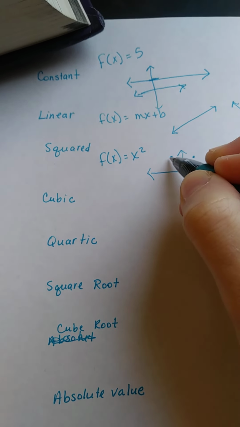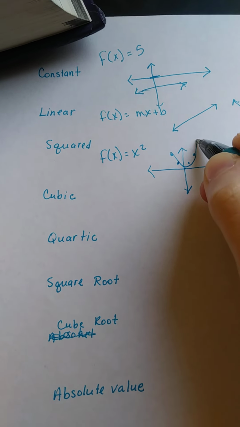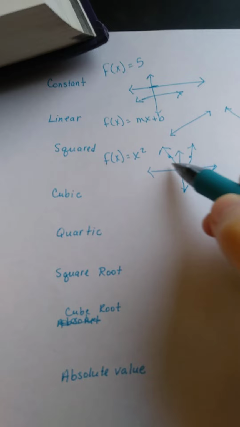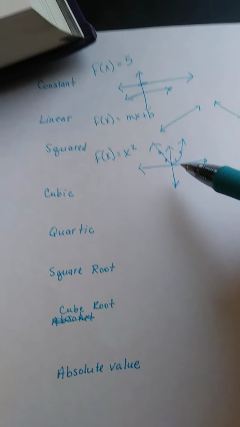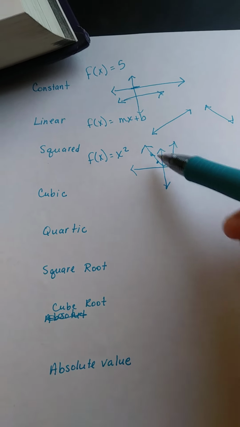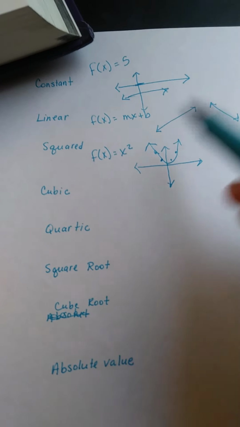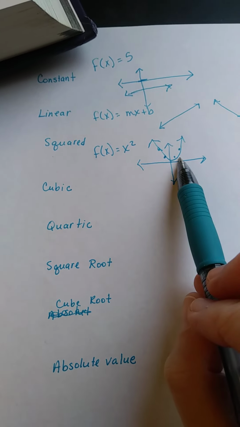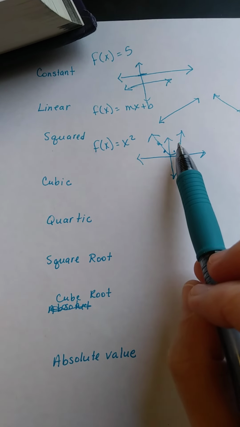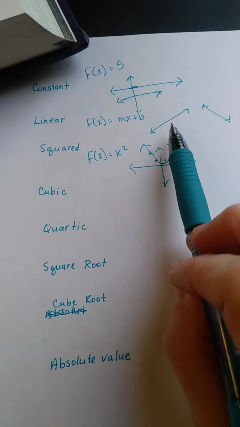So when we do the squared function, we get a mirror image, and we get only positives. So this one is sitting right here in the positive section, because when you square any number, it becomes positive. So it's going to be that parabola shape because we have the mirrors, because the square of -1 and the square of 1 are the same. The square of -2 and the square of 2 are the same, and also only positive.